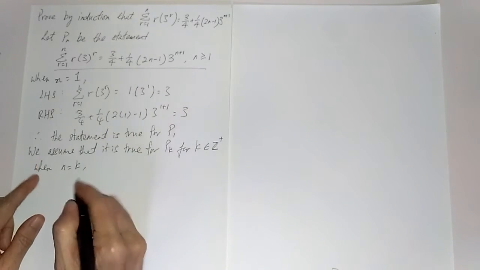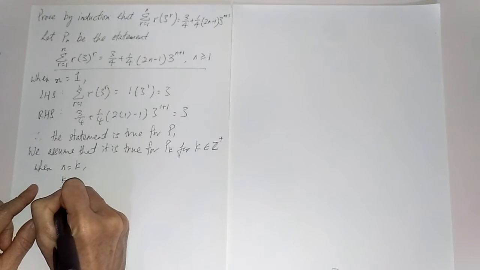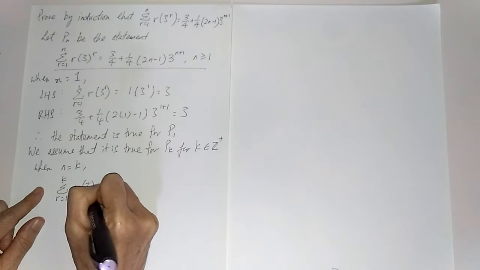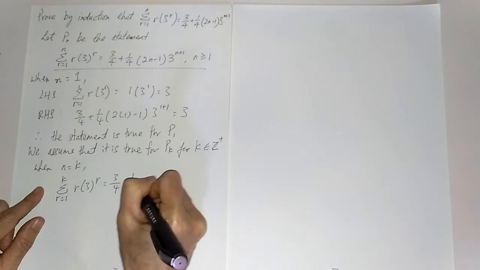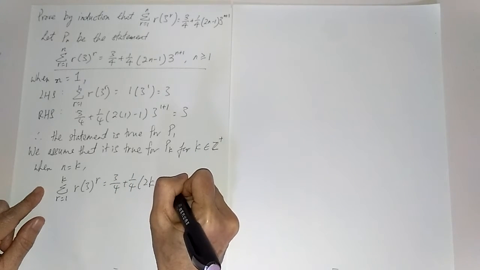We just make an assumption, replacing the n by k.